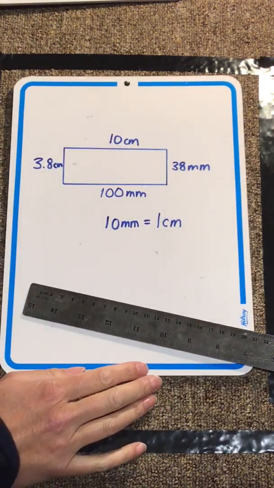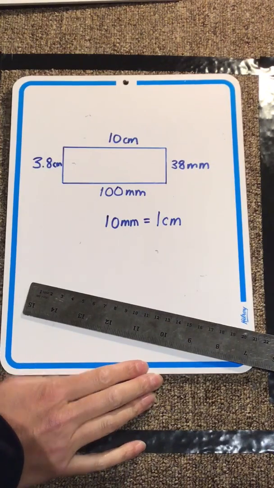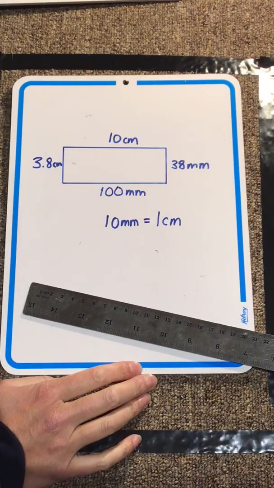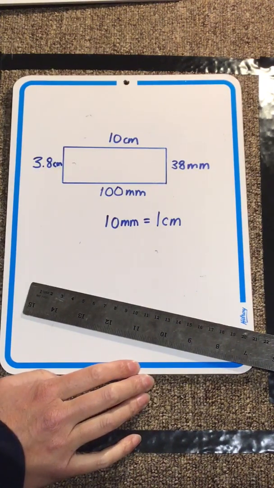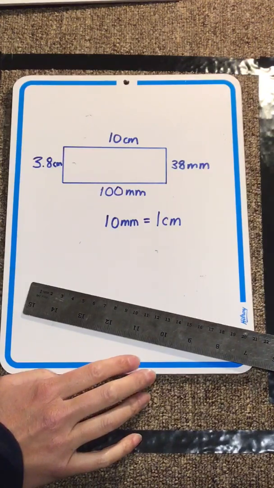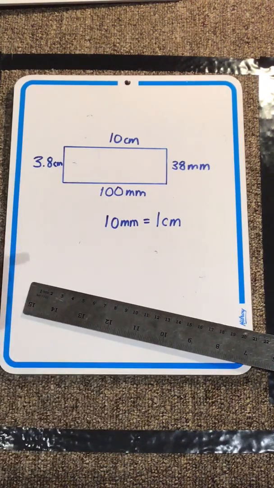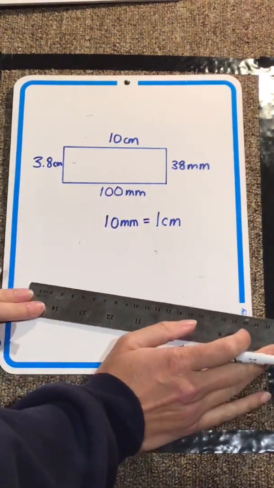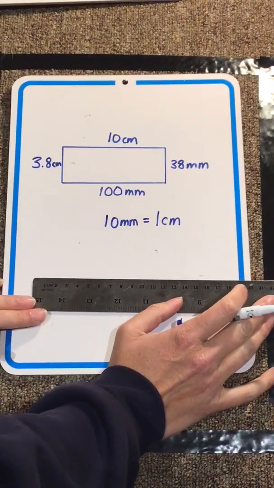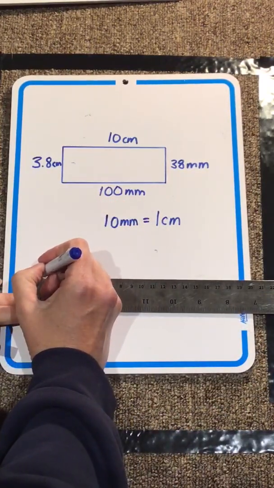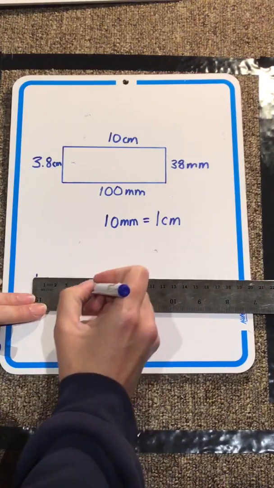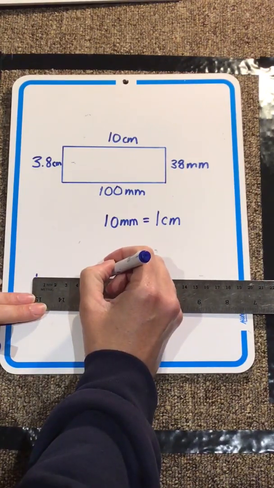Now, in your math book, you might also be asked to draw something an exact length. So the first thing you want to do is to use a ruler to find out what that exact length is and to mark the space. So if I was asked to draw a leaf 6 centimeters long, I'm first going to start out by using a ruler to make 2 lines to mark the exact distance. So I start out with a 0, and then I look for the line that's 6 centimeters.